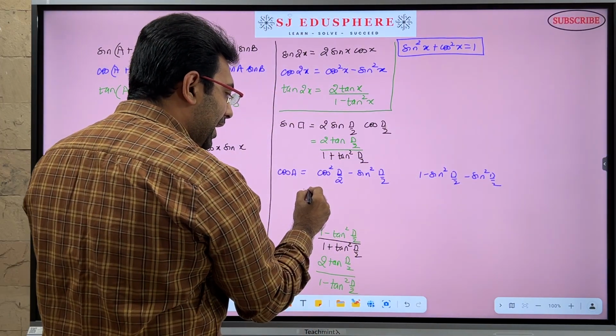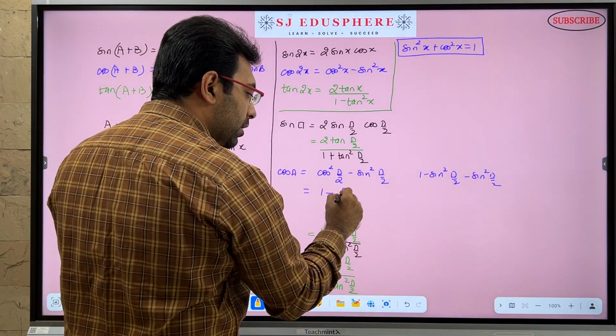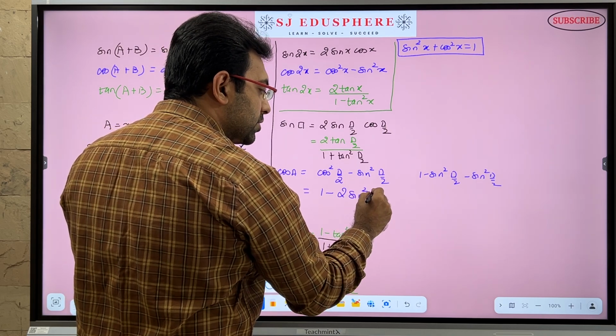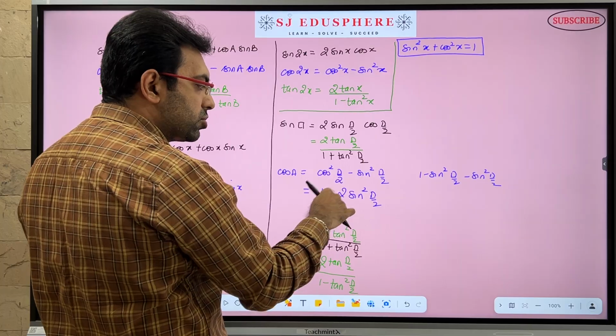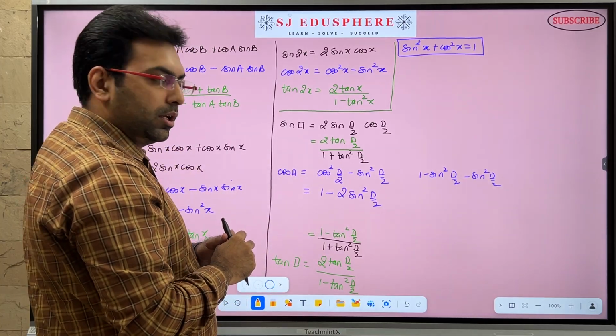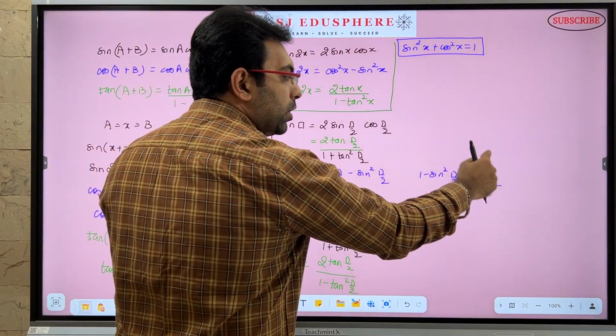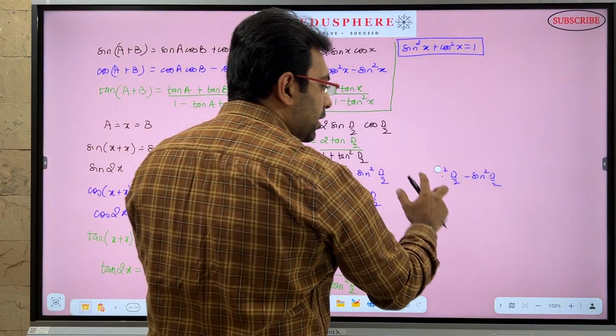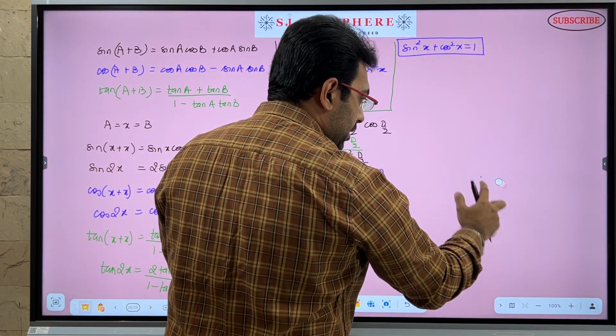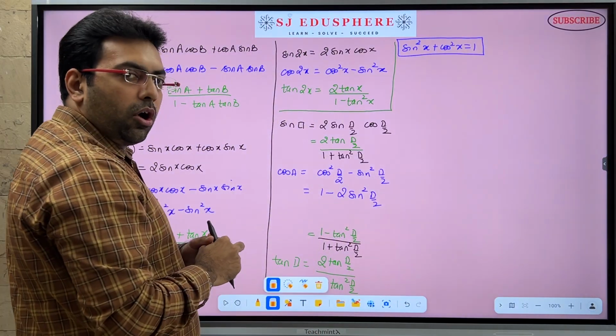That means will I have the formula 1 minus 2 sin square box by 2? I repeat, I have written cos square as 1 minus sin square. So 1 minus sin square with 1 more minus sin square gave me 1 minus 2 sin square box by 2. Now, you replace the cos.